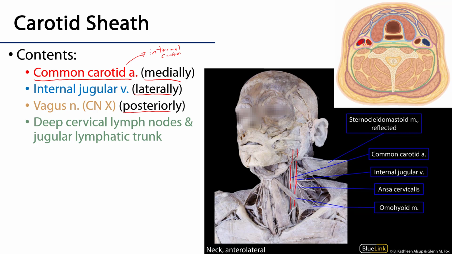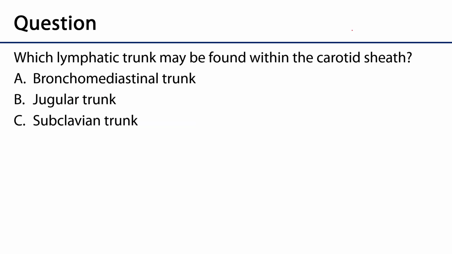The lymphatics in the neck are very tightly associated with the IJV. So, question for you to round up our discussion of the carotid sheath. Which lymphatic trunk may be found within the carotid sheath? Perhaps this is a softball for you.